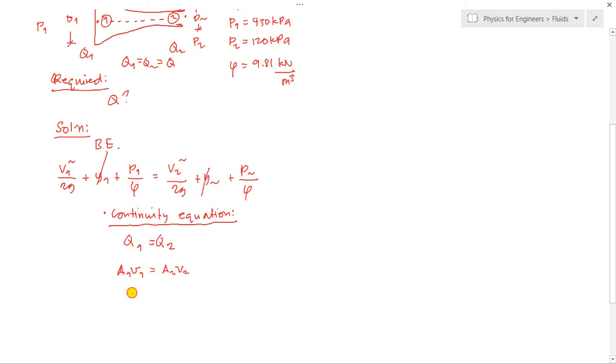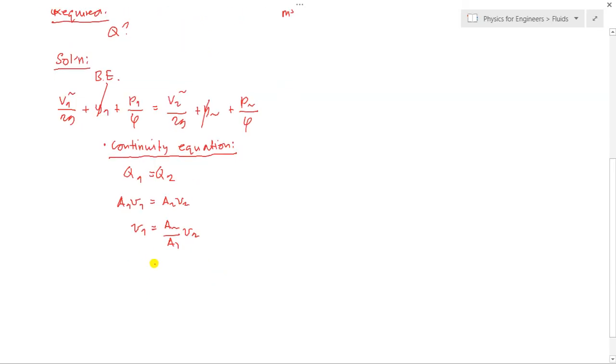So let's get V1 in terms of V2. V1 is just equal to area 2 over area 1 times the velocity 2. Area 2 is pi d2 squared over 4, and area 1 is pi d1 squared over 4. So 4 cancels, pi cancels, that is d2 squared over d1 squared times V2.